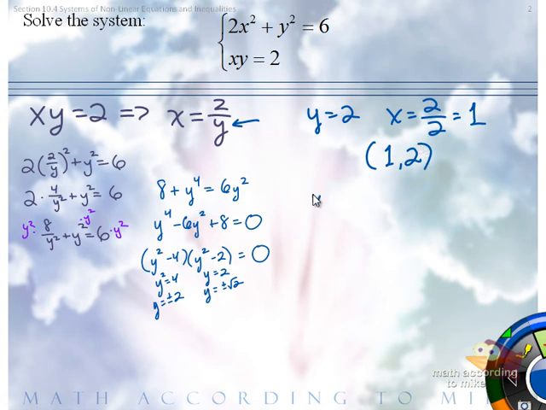If y is negative 2, then x is 2 over negative 2, which is negative 1. So negative 1, negative 2.